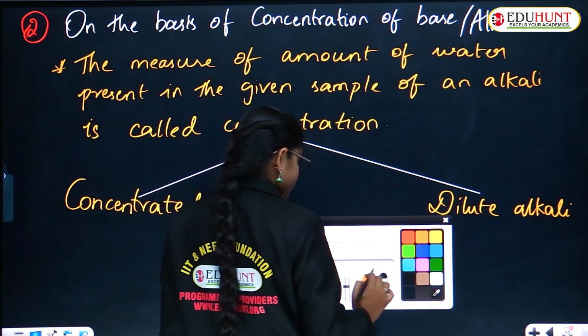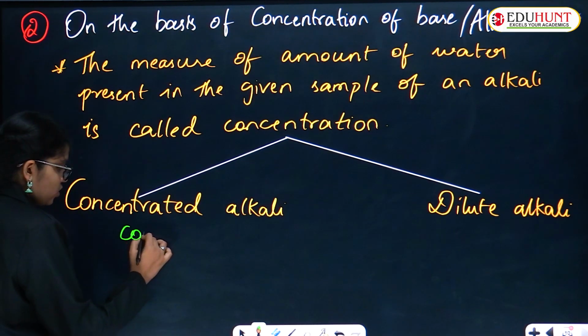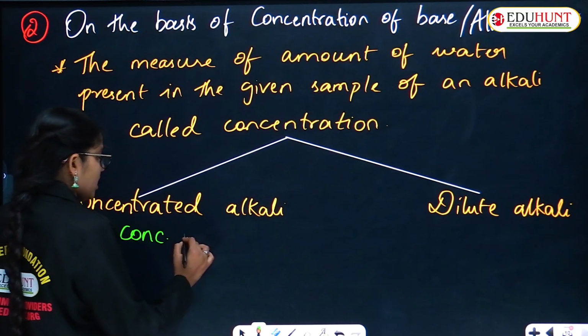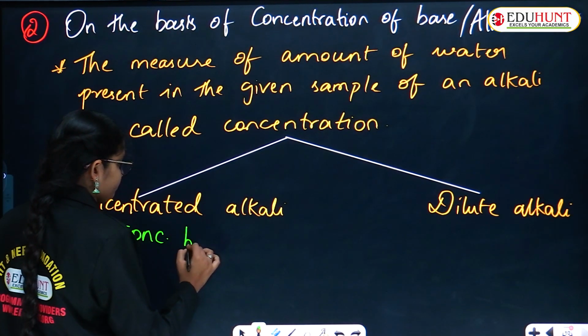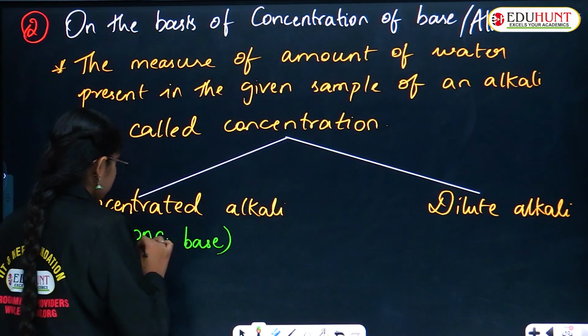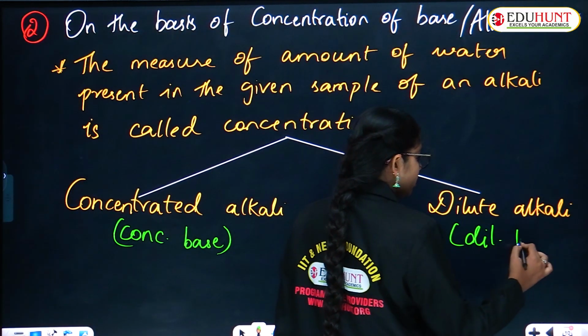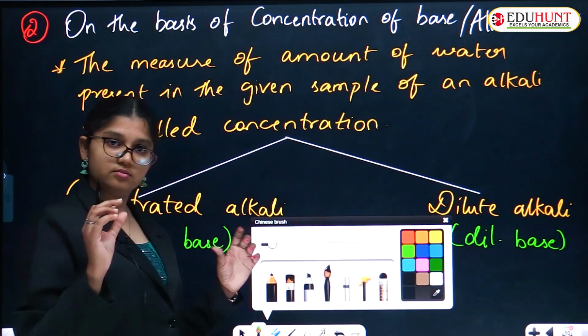Children, you know how to represent this? In the laboratory, we represent on the bottle as conc. dot base for concentrated, and for dilute, dil. dot followed by the name of the base.